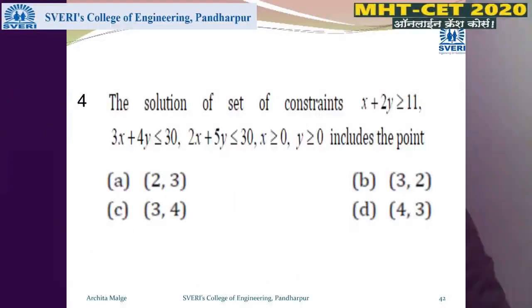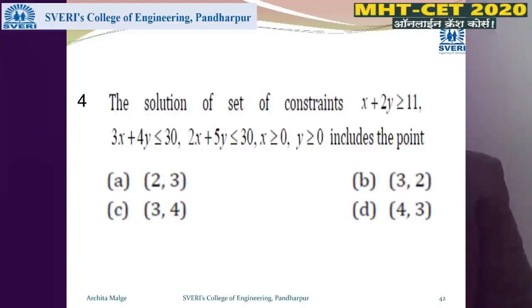Next example: the solution of the set of constraints x plus 2y is greater than or equal to 11, 3x plus 4y is less than or equal to 30, 2x plus 5y is less than or equal to 30, x is greater than or equal to 0, and y is greater than or equal to 0 includes the points. What will be the exact answer?